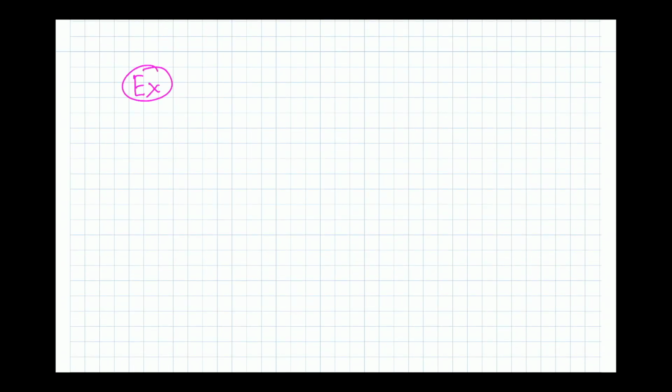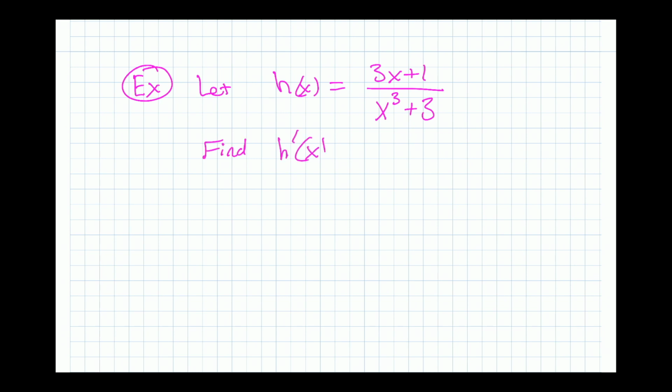So here's an example. I'm going to say h of x, so I can point to things and call them f and g basically. Let h of x equal 3x plus 1 over x cubed plus 3. I'm going to say find h prime of x.